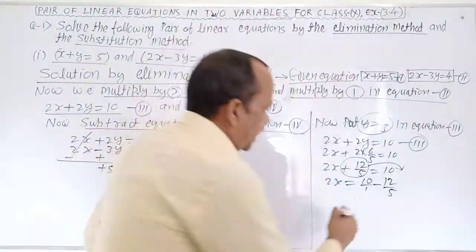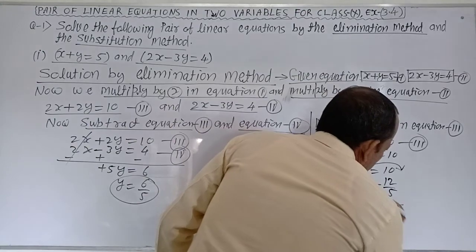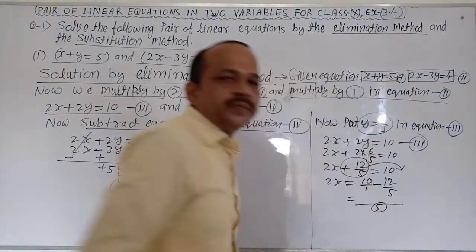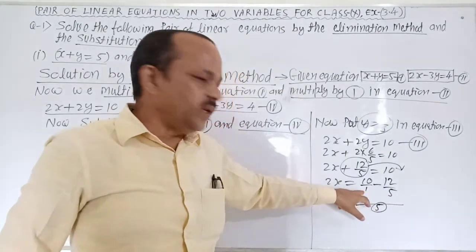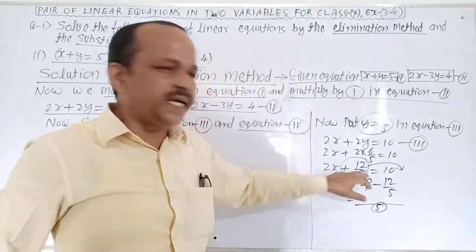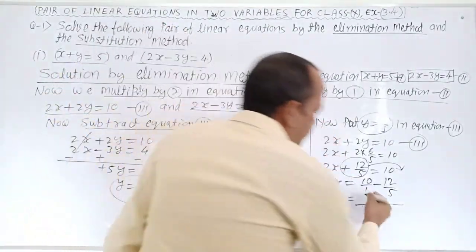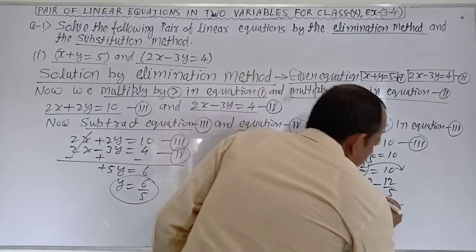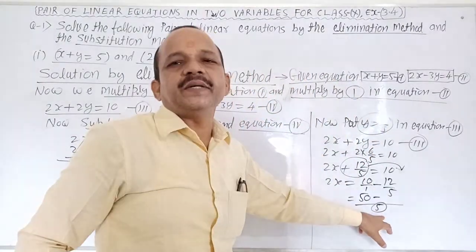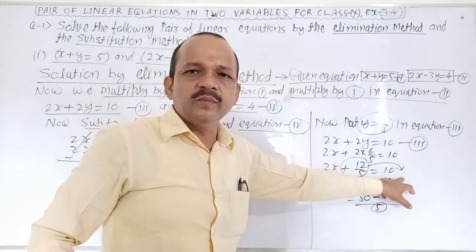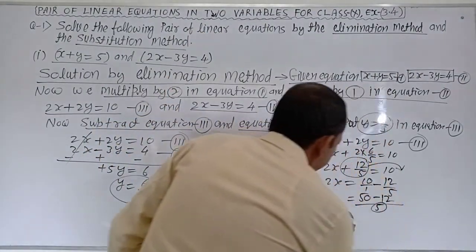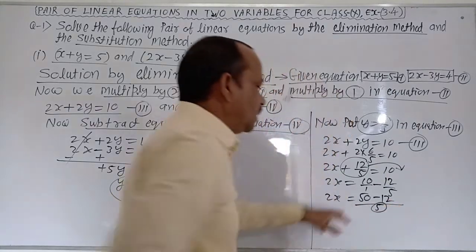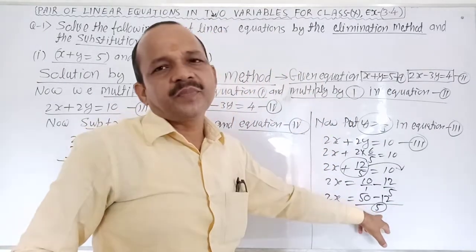Now take the LCM of 1 and 5, which is 5. 5 divided by 1 is 5, 5 multiplied by 10 is 50. Minus 5 divided by 5 is 1, 1 multiplied by 12 is 12. 2x equal to 50 minus 12 by 5.